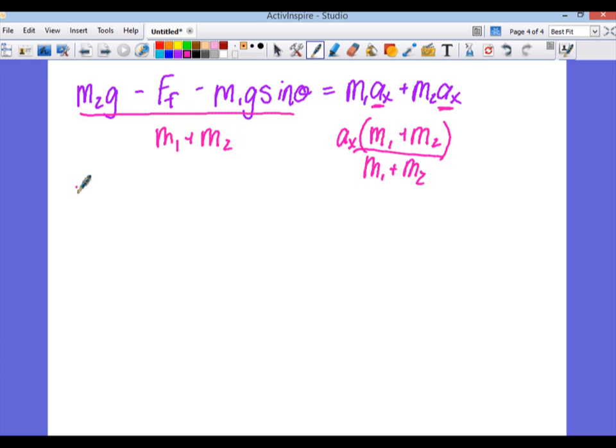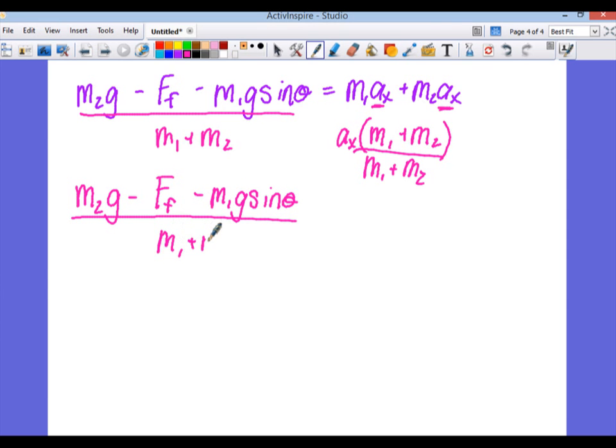So now I have m2g minus the force of friction minus m1g sine theta divided by m1 plus m2 equals ax.